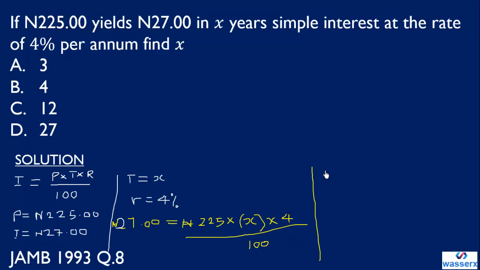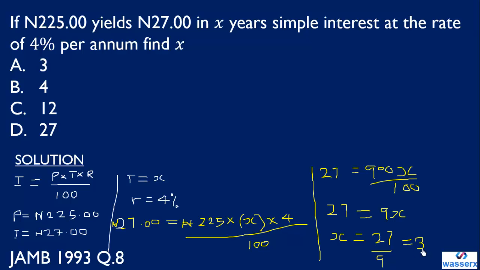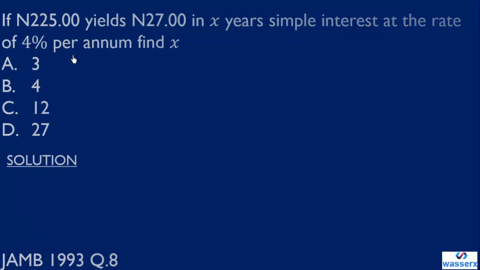So we have 27 is equal to, so we calculate this and we obtain 900X over 100. So 27 is equal to 9X. So we now divide both sides by 9 to obtain 27 over 9, which is equal to 3 years.